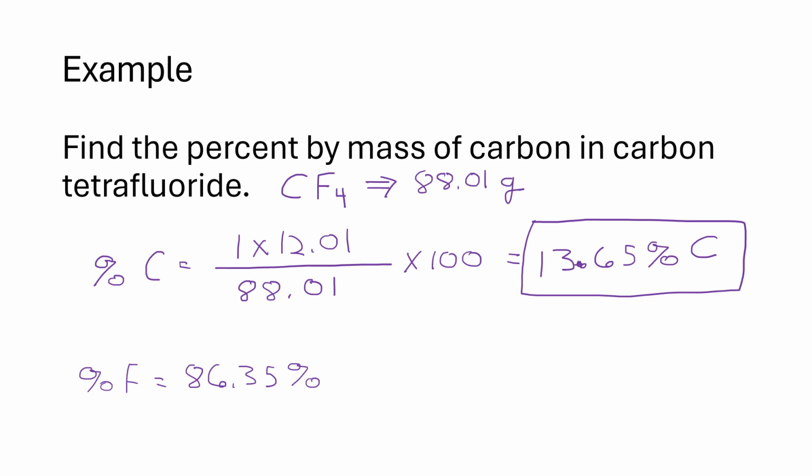So knowing that fluorine was 86.35%, I could have found carbon by taking 100 minus 86.35, which would have given us the 0.65 and the 3 and the 1. So 13.65% carbon because it was 86.35% fluorine. Those 2 percentages have to add and give us a 100.